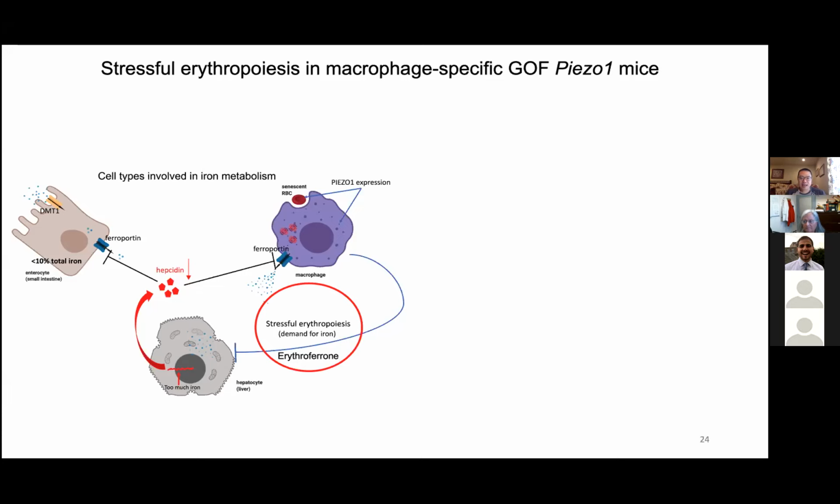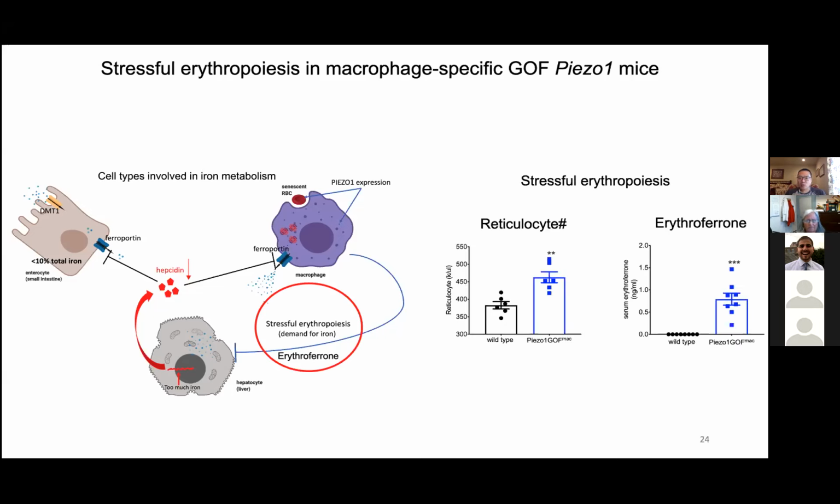I looked at the level of this critical hormone, and what I found is that there is a sharp increase of erythropoietin in the macrophage-specific gain of function animals compared to the wild type. Usually in wild type, this hormone is almost undetectable. And this is consistent with the reduction in reticulocyte number in these animals, suggesting that the erythropoiesis becomes stressful.